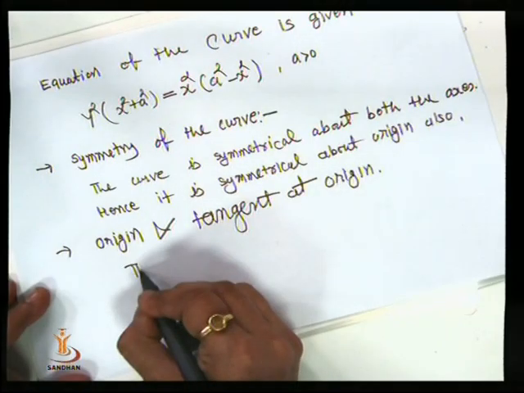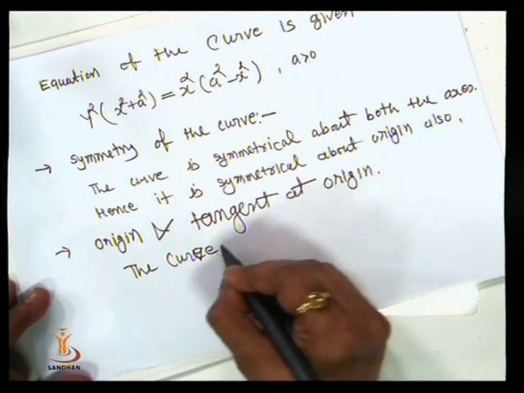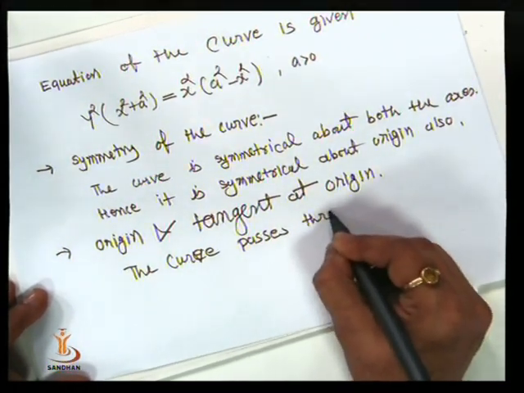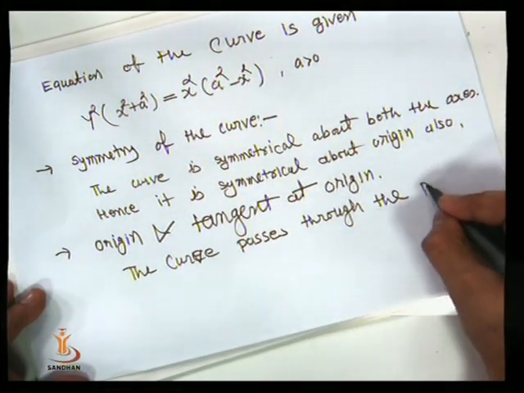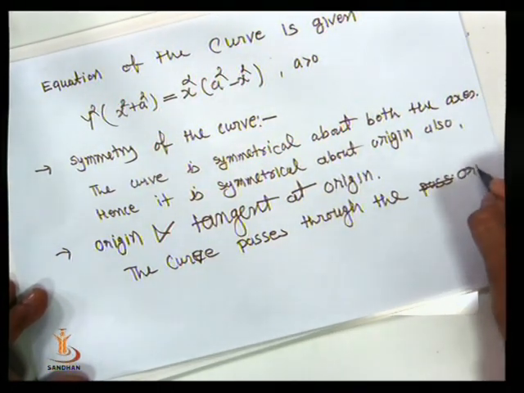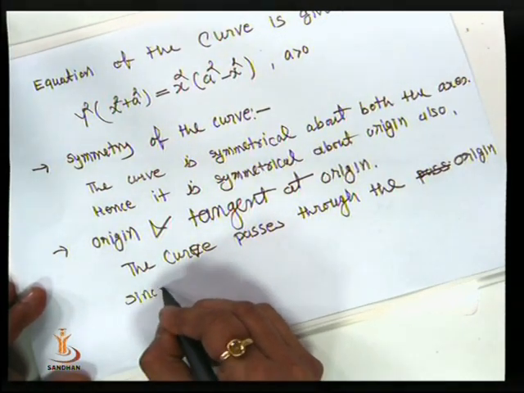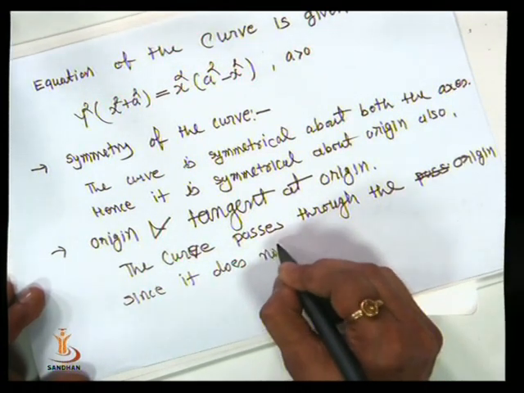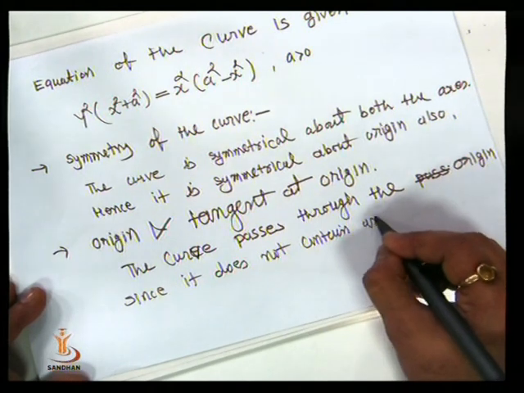So the curve passes through the origin, since it does not contain any constant term.